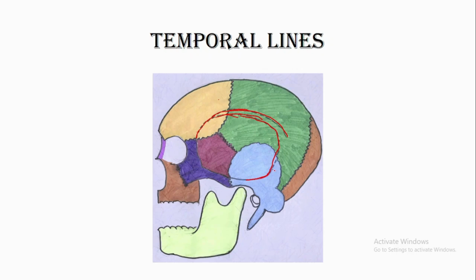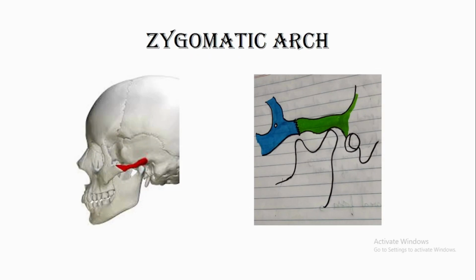This region of the supramastoid crest is present near the junction of squamous and mastoid part of temporal bone. So this is about the temporal lines.